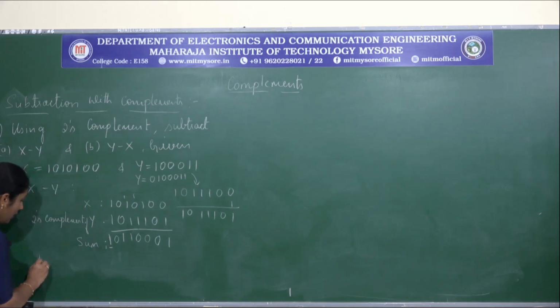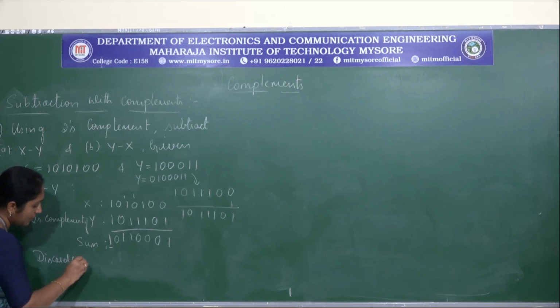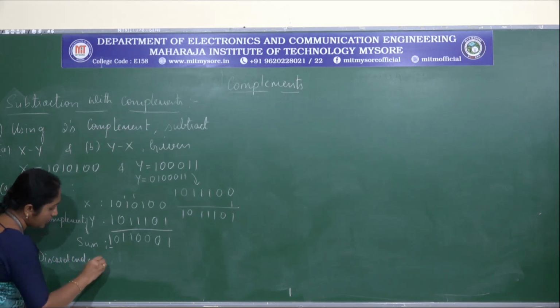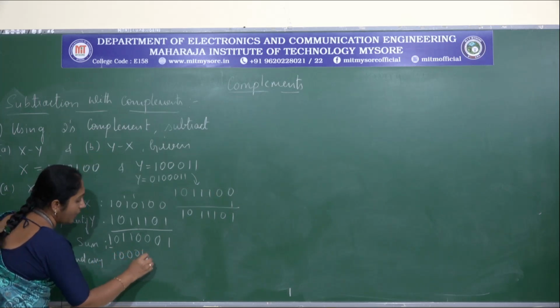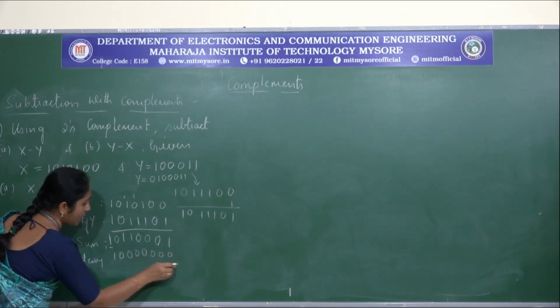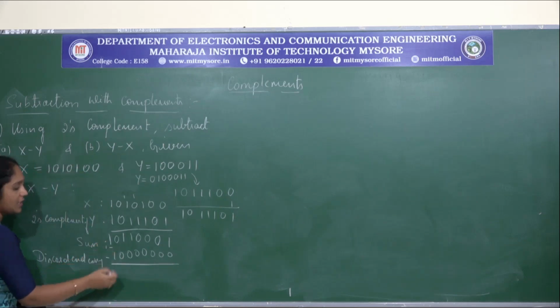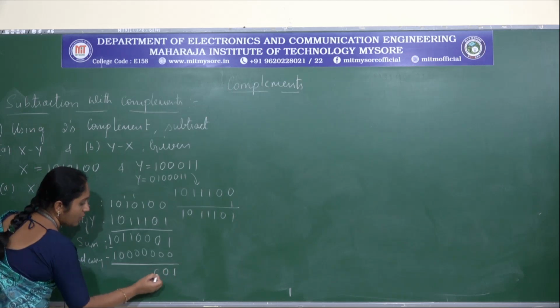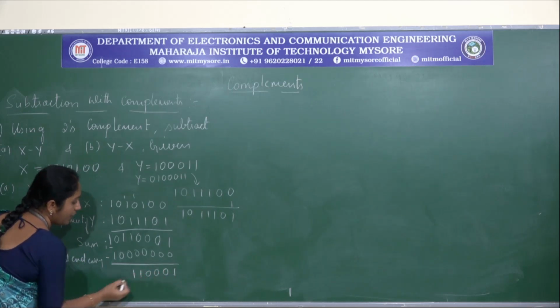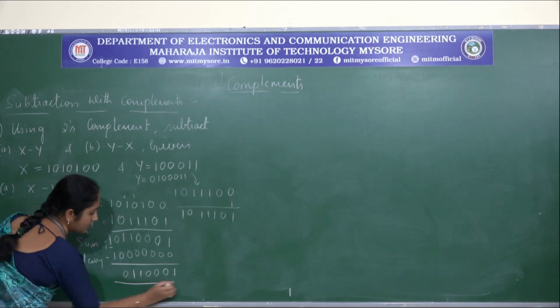So again we need to discard the end around carry. Discarding is nothing but omitting it and writing only the sum part. So we will get 1000110.